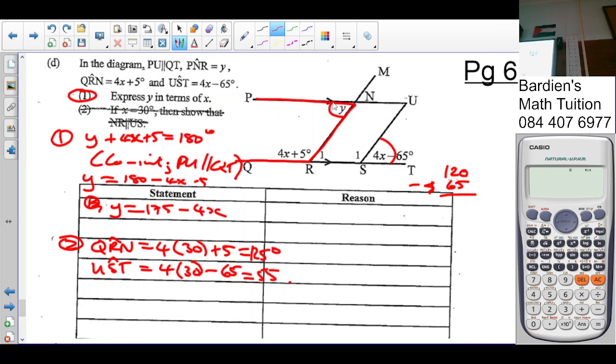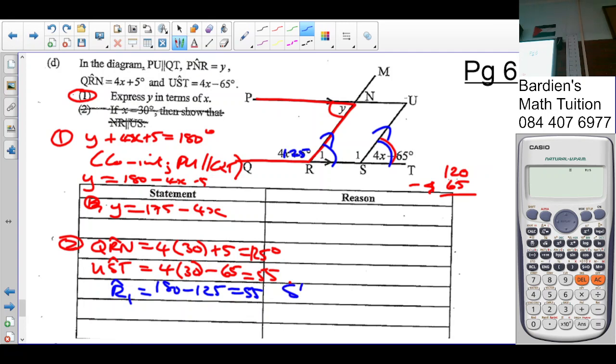Now the question says, show that NR is parallel to US. If these lines were parallel, then what do we know? This angle will be equal to that corresponding angle. Now to prove that those lines are parallel, we prove that those angles are equal. You guys get the idea? Okay, there's another sum that is coming up later. So we say that R1 is equal to, remember that this angle works out to be 125, so R1 is equal to 180 minus 125, which is 55.